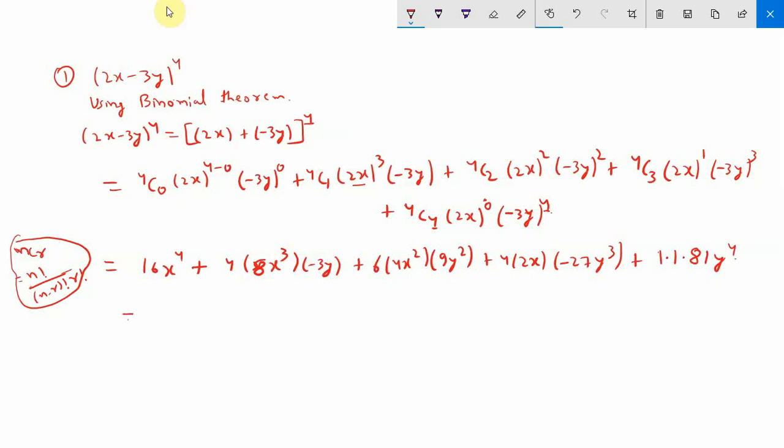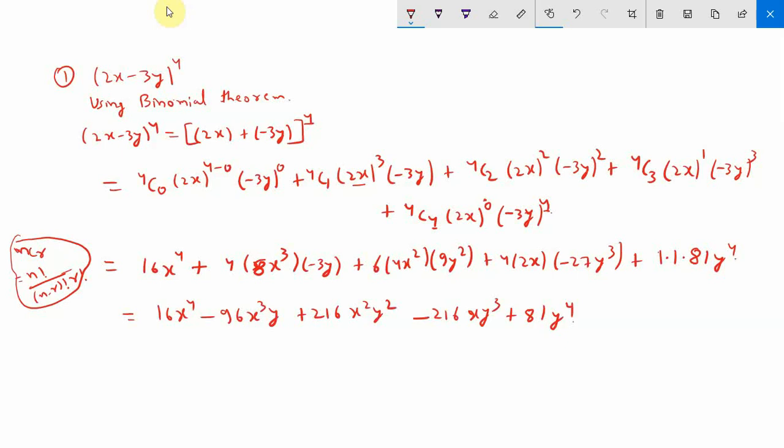Okay, so after simplification we will get 16x to the power 4 minus 96x cube y plus 216x square y square minus 216xy cube plus 81y4. Okay friends, so this is how we can expand a given expression using binomial theorem.